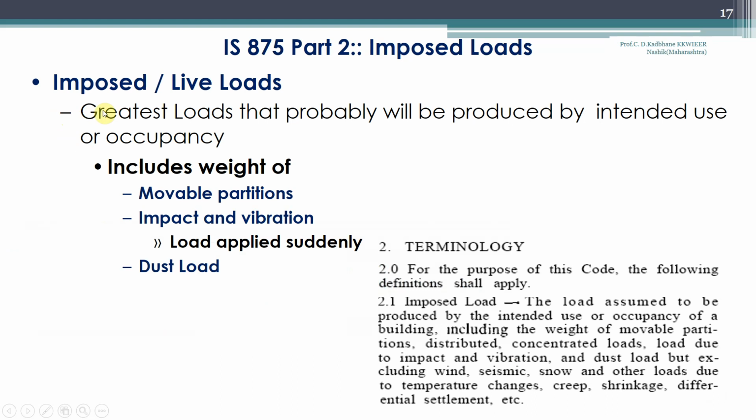Now what is meant by imposed or live loads? Let us learn about it. These are the greatest loads that probably will be produced by intended use or occupancy. These live loads or imposed loads include the weight of movable partitions, impact and vibration, which includes load applied suddenly, then dust load.